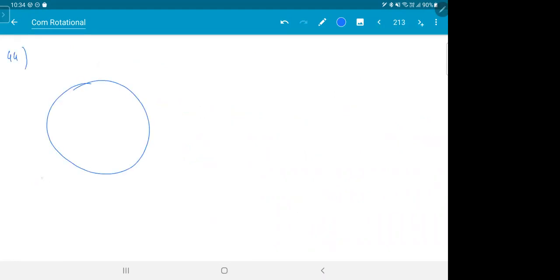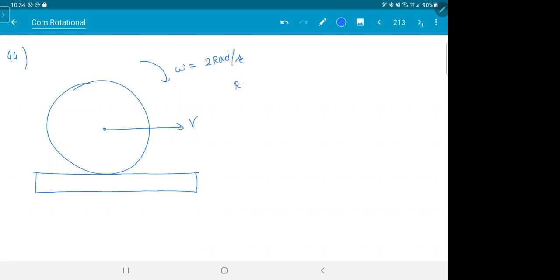So we have a cylinder. Omega is 2 radian per second. Radius is 1 meter. V p is 4 meters per second.